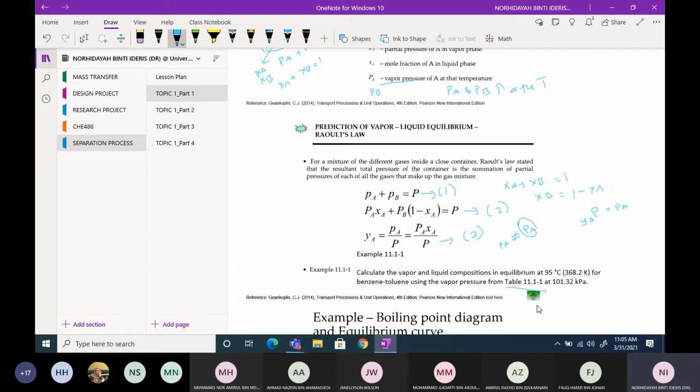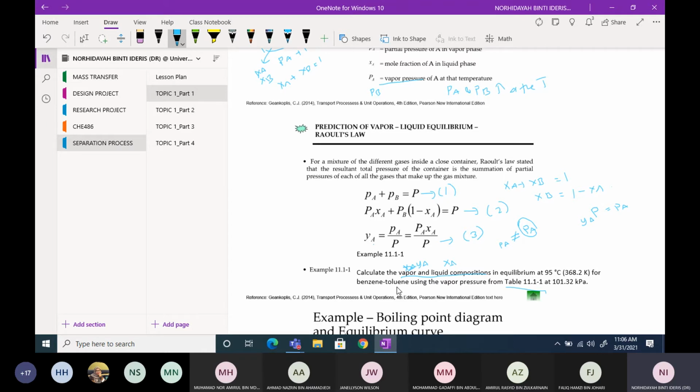So now, what are we asked to find? We are asked to find SA and YA, the vapor and liquid composition. Vapor is YA, and liquid is SA.